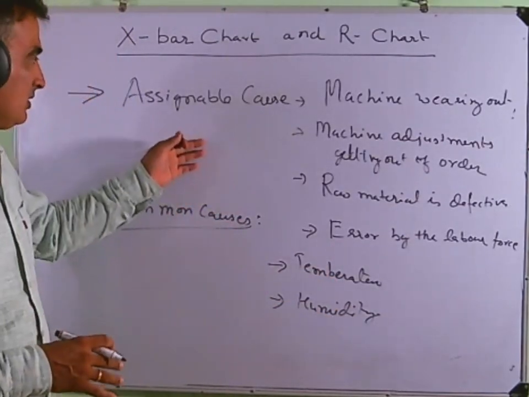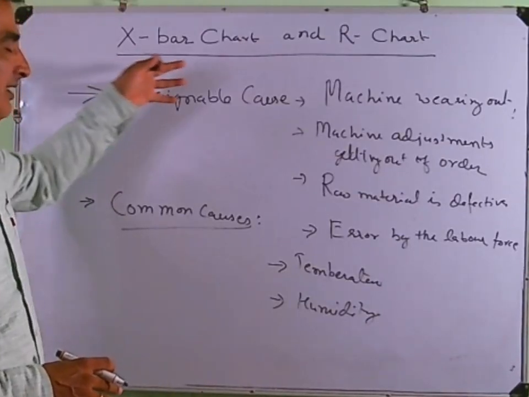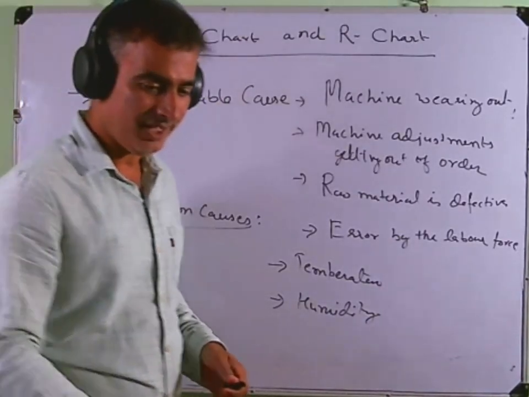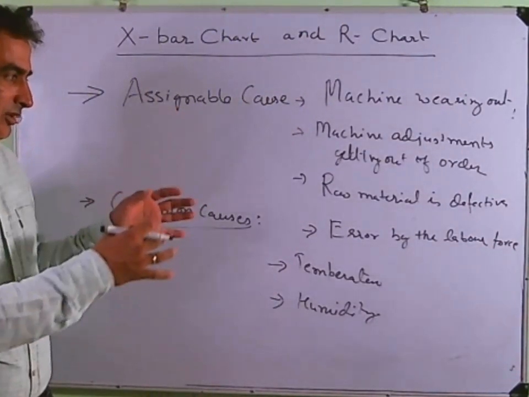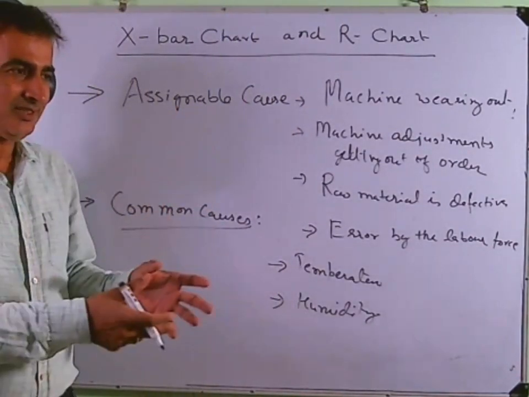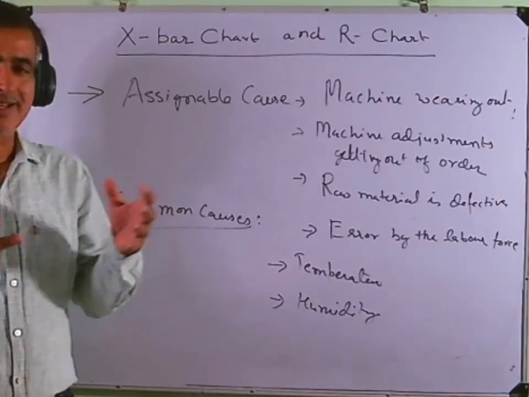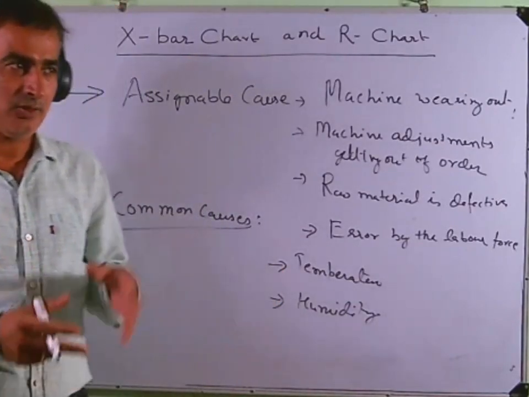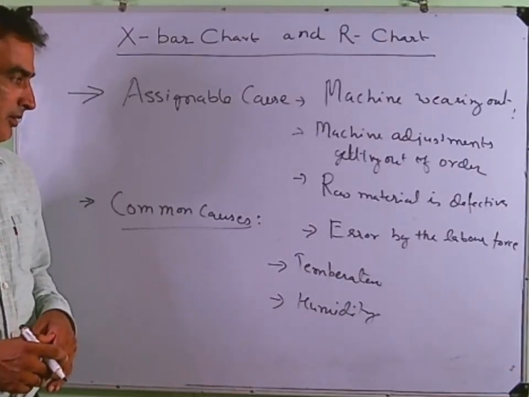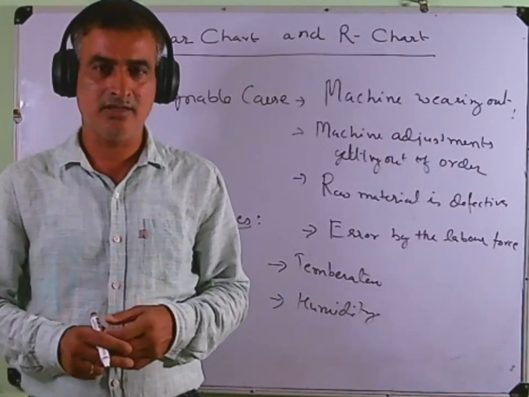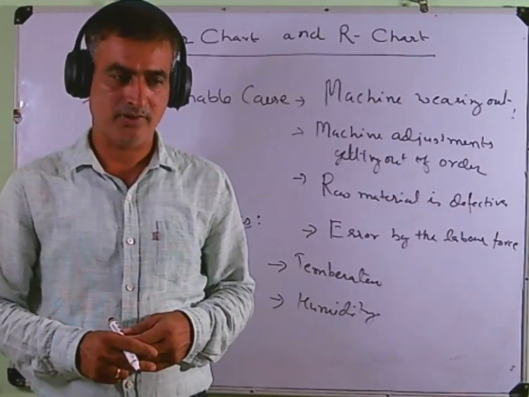So the main focus is to check the assignable causes, detecting these causes and then using corrective measures. Detecting these causes is possible through statistical process control.